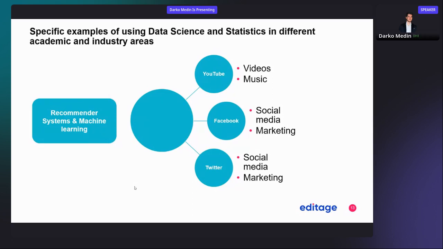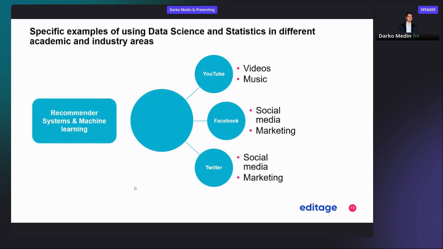Before I start with these specific examples, I would like to summarize some of the things mentioned before, which is that there are a lot of different use cases or different uses of data science and statistics, from research to using statistics and data science in banking, telecommunications, artificial intelligence, a lot of different areas.